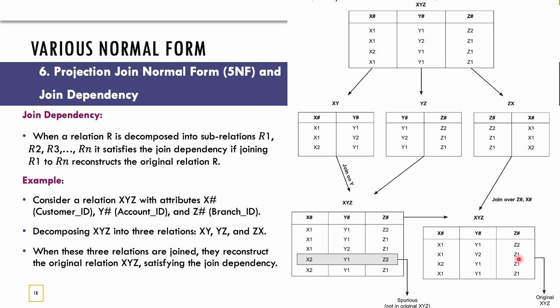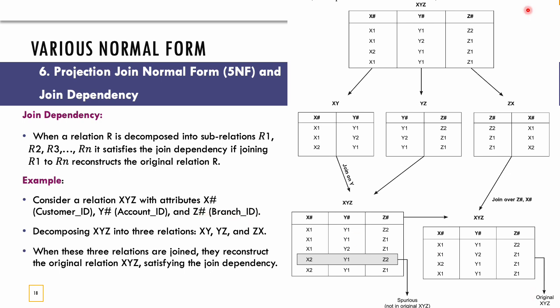so we have an example of join dependency. Consider a relation XYZ with the attributes where X represents the customer ID, Y represents the account ID, and Z represents the branch ID.